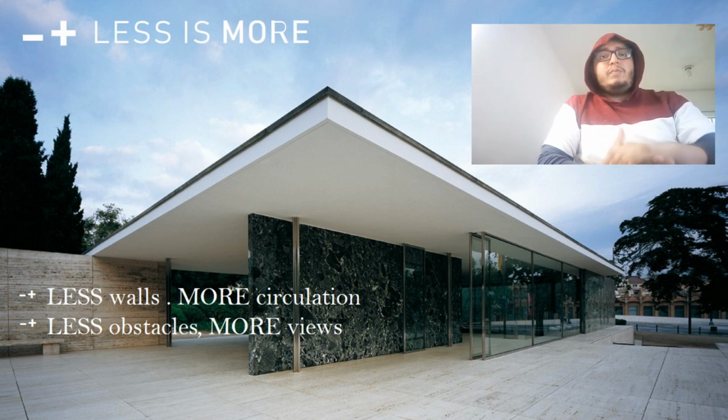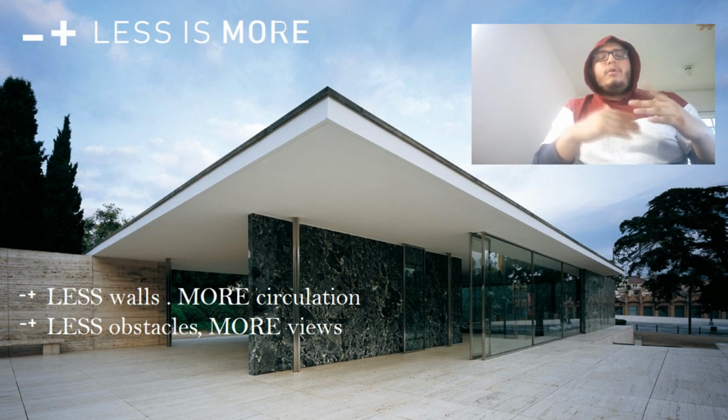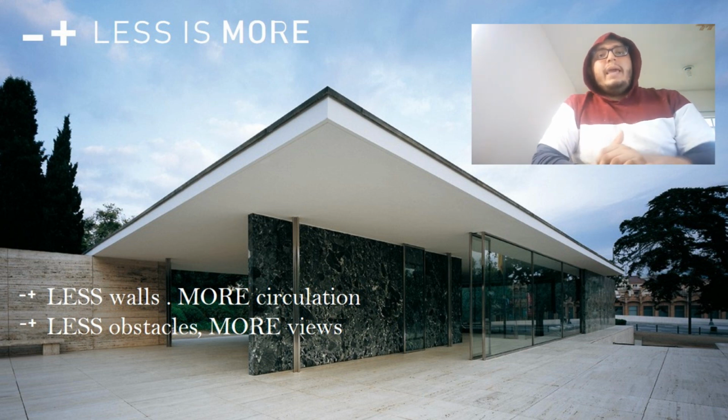We can see in this picture reference of some characteristics that we mentioned before in the second layer, like the serenity of the materials and the simplicity in the form of the building. We can see the sensation, that feeling that the roof seems like it's floating, and that's what makes it interesting.